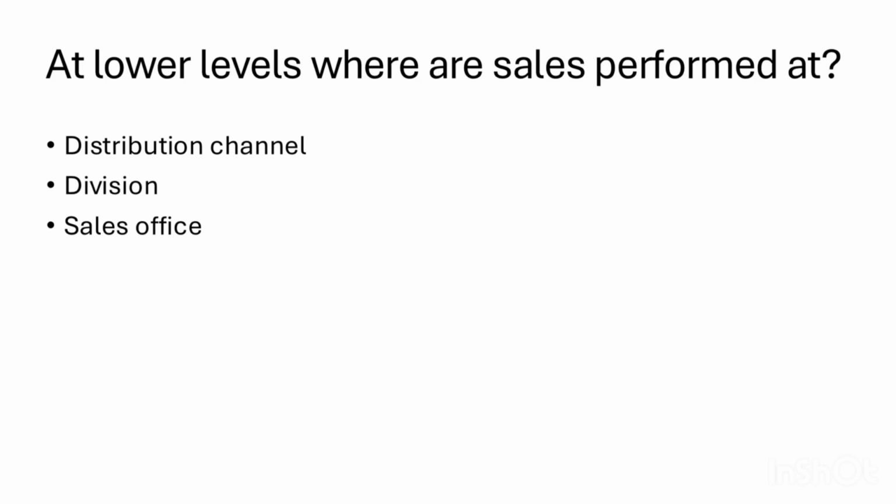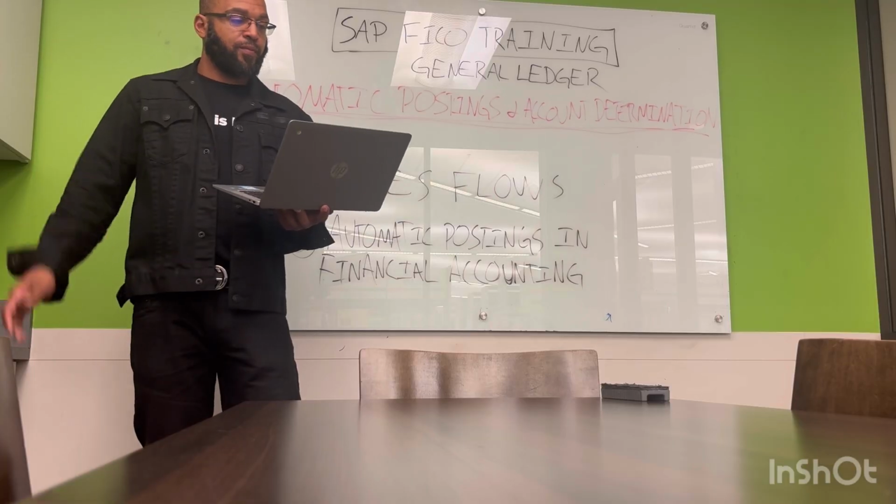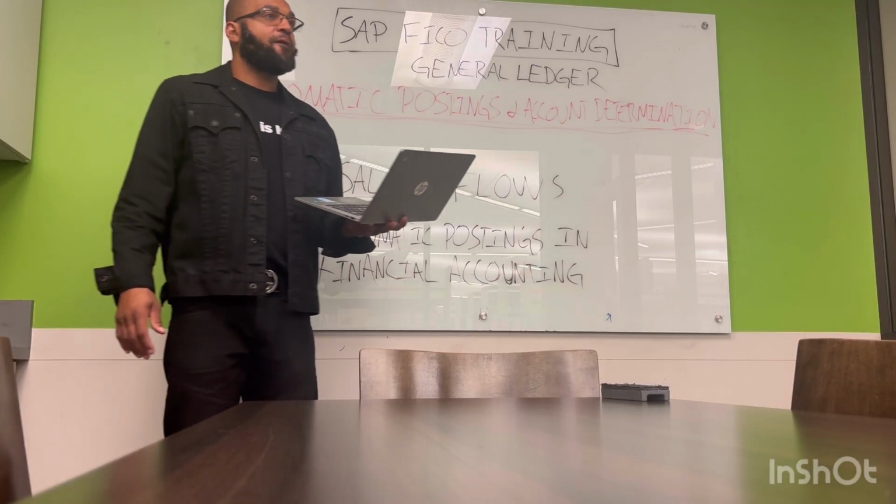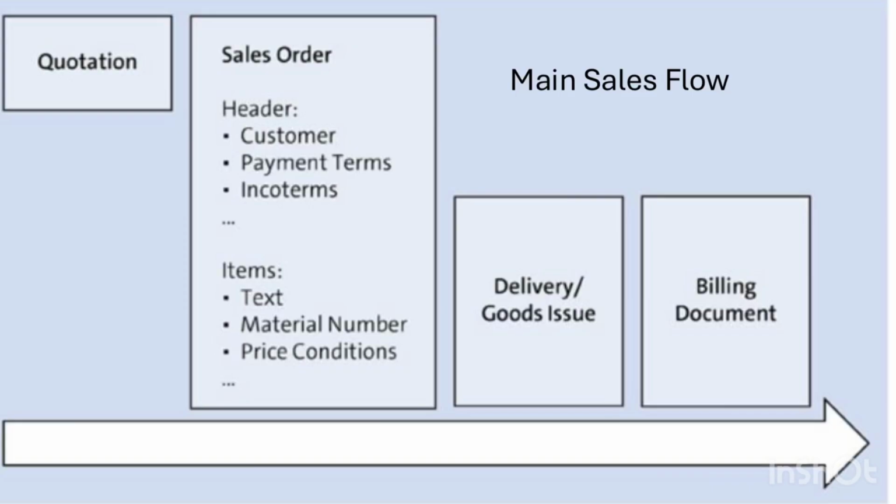The distribution channel, division, and sales office. Here's a nice image showing you all the main sales flow. First there's a quote, then there's a sales order, and delivery / goods issue and billing document.